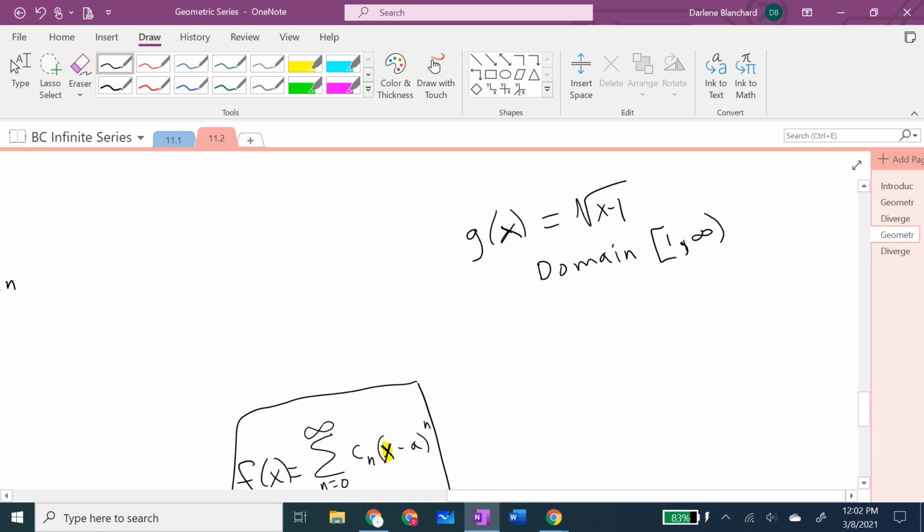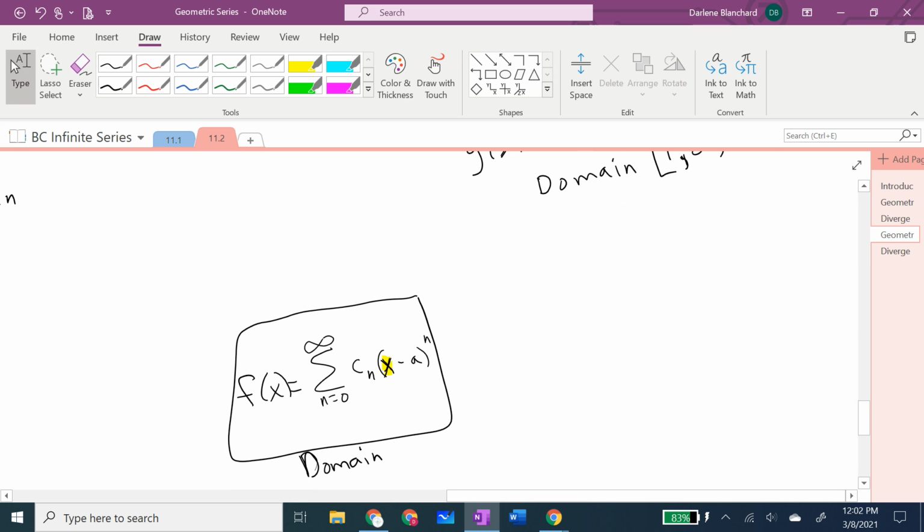Do you realize that by putting the domain down, I was only looking at what can I plug into x to make a real number? I wasn't finding the real numbers. I wasn't finding the values of g of x. I was just wanting to know what x values can I put in to make this come out real. That's what converge diverge is needing to do.